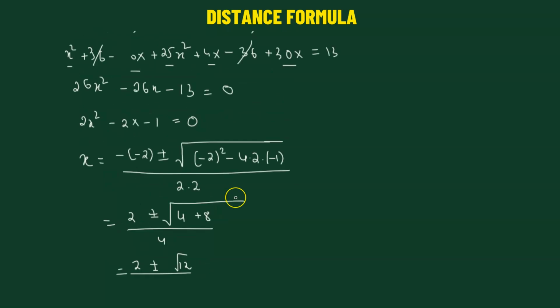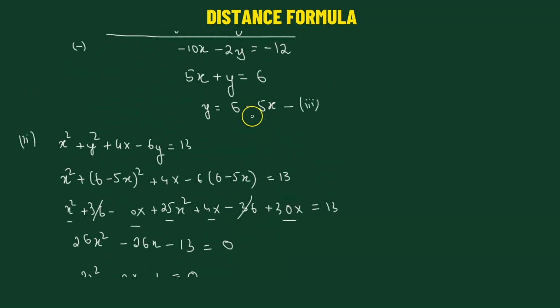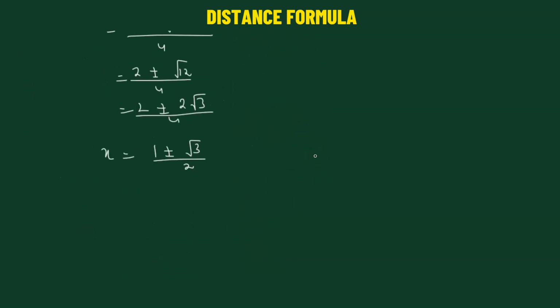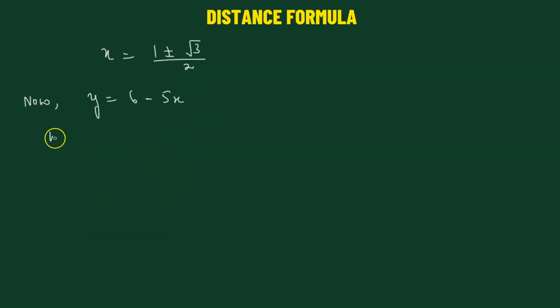Now we'll go back to equation number 3, y equals 6 minus 5x, to obtain the value of y. We have two values of x here. So let's use x given by 1 plus square root of 3 over 2. Then y is going to be equal to 6 minus 5 times 1 plus square root of 3 divided by 2.